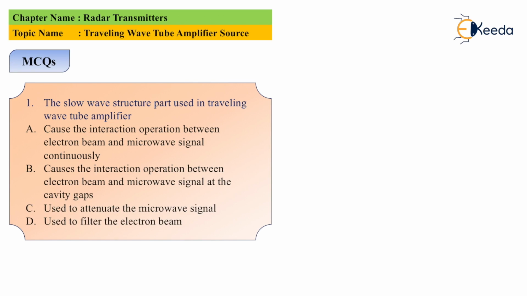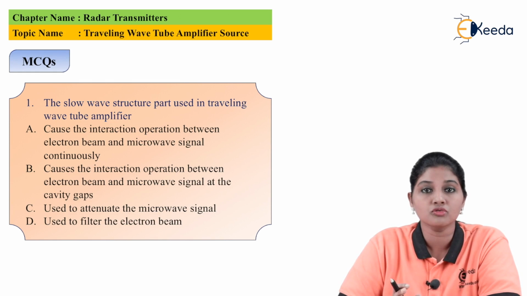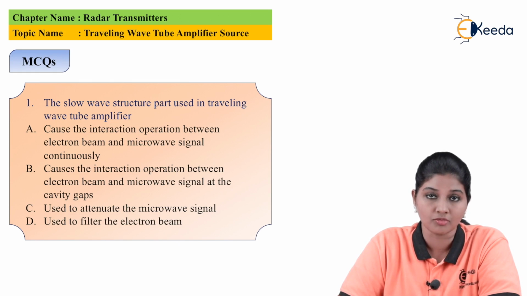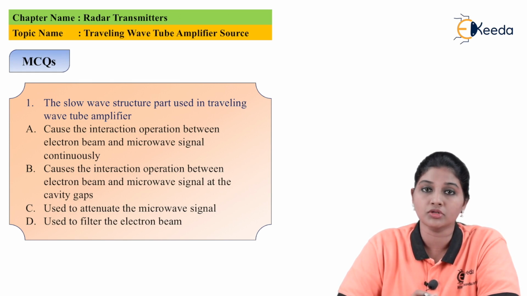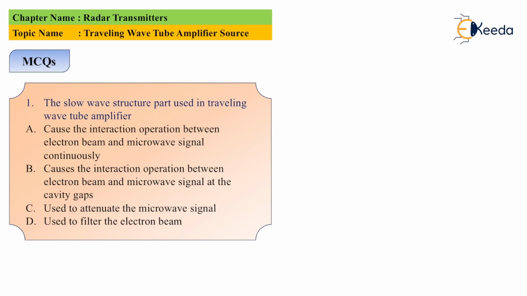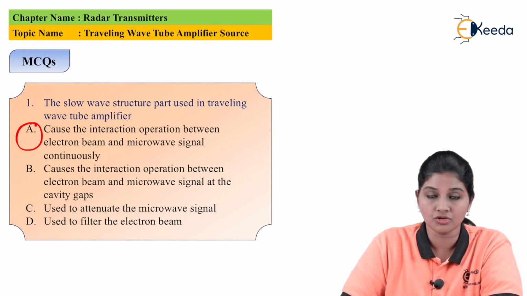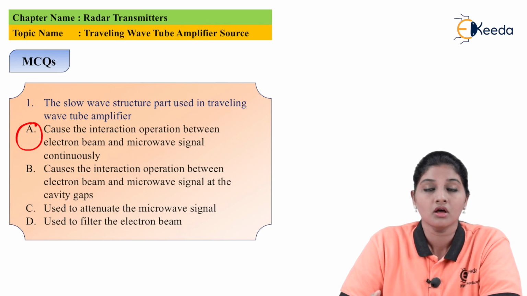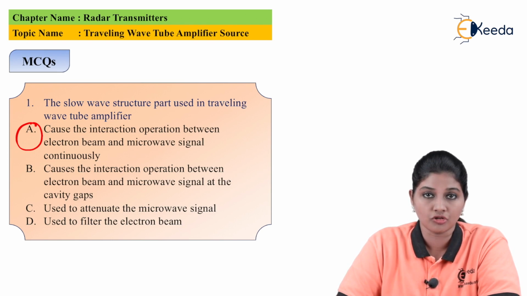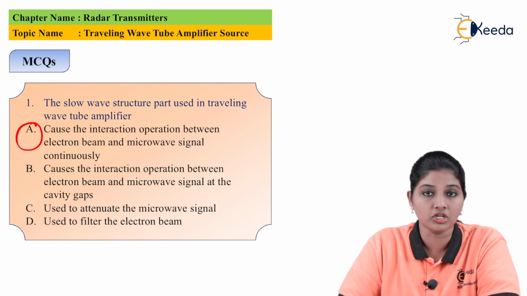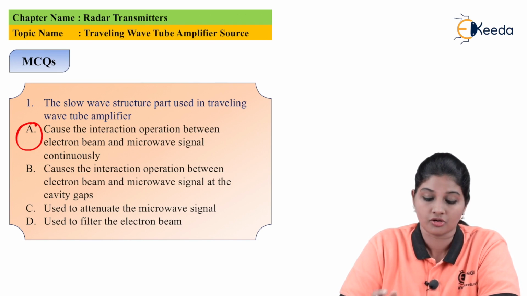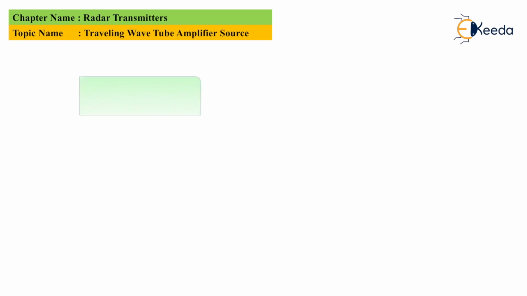The slow wave structure used in the TWT is basically to reduce the speed of the electron beam so that the interaction can take place between the electron beam and traveling wave. So option A is the right option. It causes interaction between the electron beam and microwave signal continuously, as the speed of the electron is reduced, so that it is possible to have interaction between the electron beam and the signals which continuously travel through the helical structure.